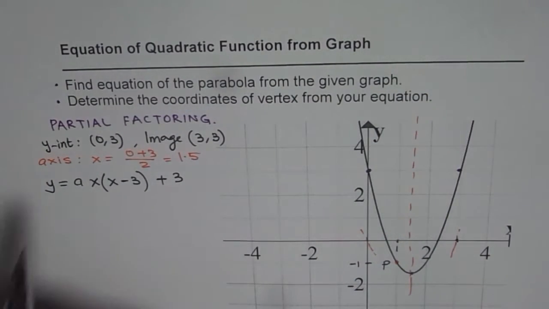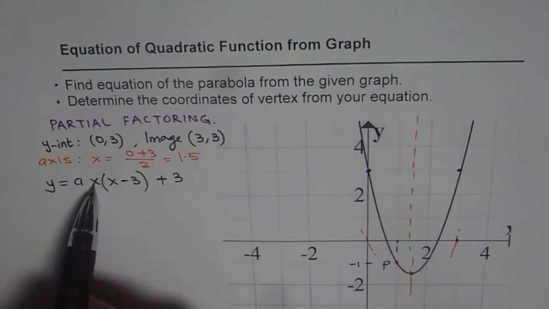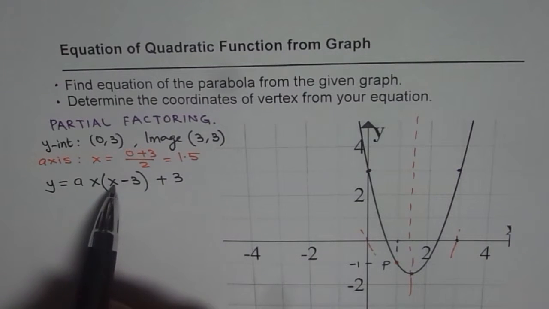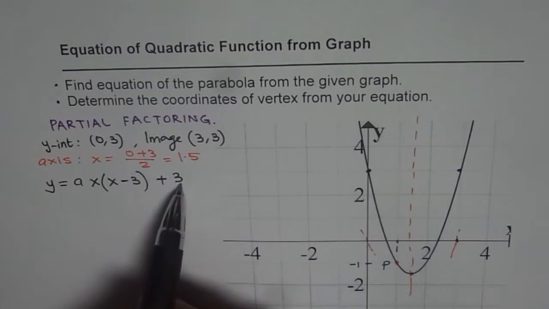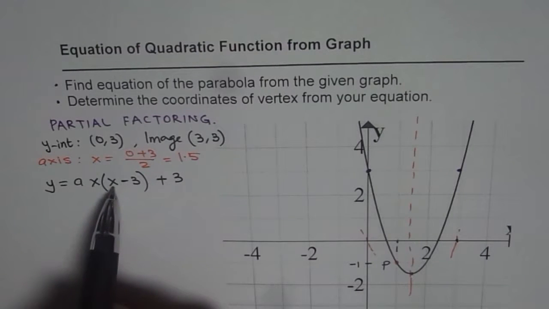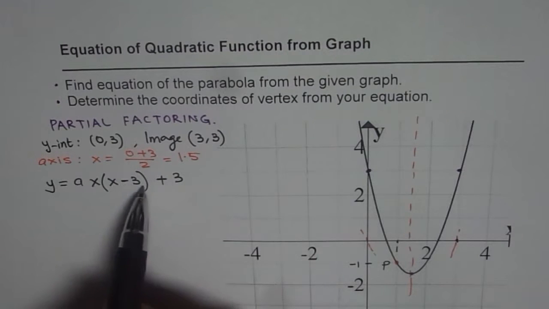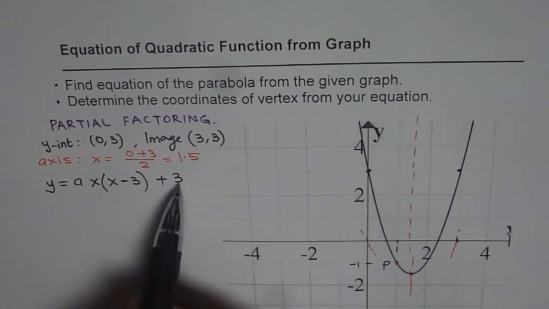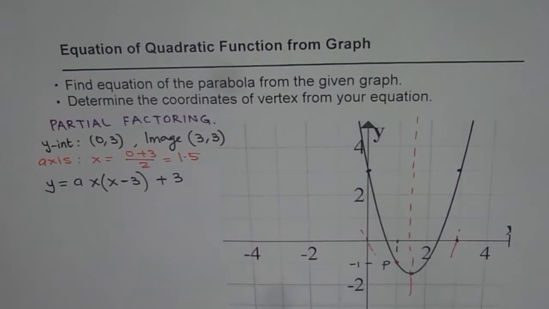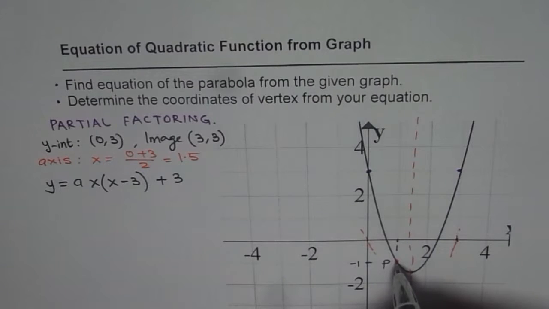Now as a check, if I write x equals 0, the first factor is 0, the first term is 0, and you get y equals 3. If I write x equals 3, the second factor is 0 and the first term is 0. So you get y equals 3 again. So this equation represents the parabola, correct? Now how to find the value of a? We can use the point as we always do. This point has x value 1, y is minus 1.